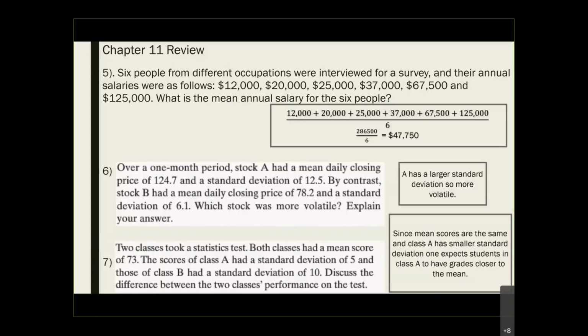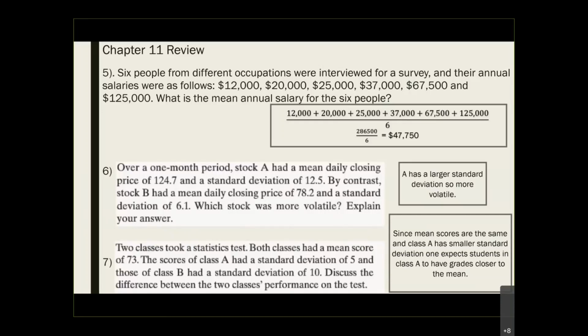Do you agree that class A has a smaller standard deviation? Meaning a lot of students score around the 73 average. If the standard deviation for class B is big, people are spread out. The average is 73, but some students may score 30, some 100. The range is big, so we have a bigger standard deviation.